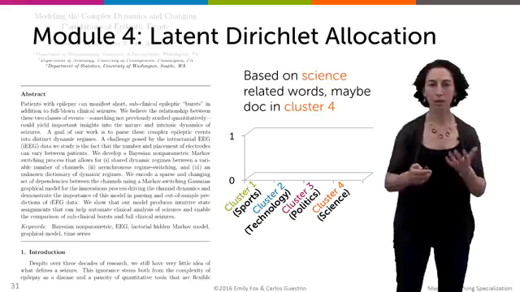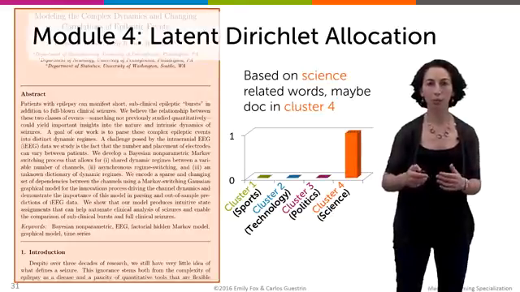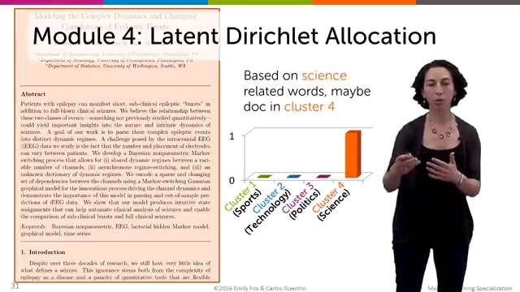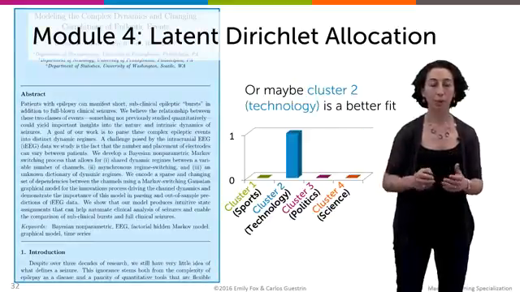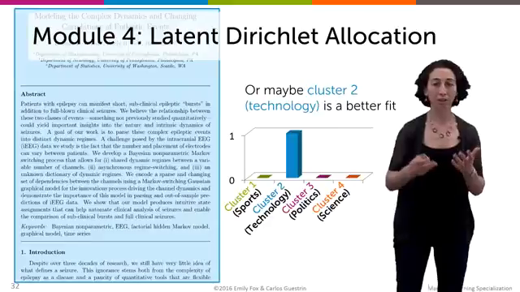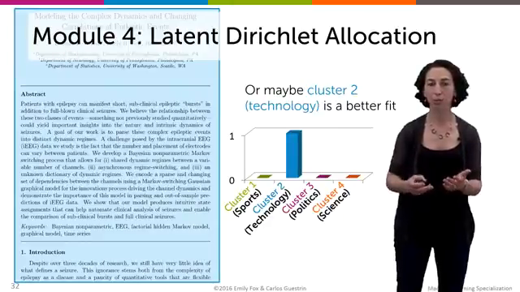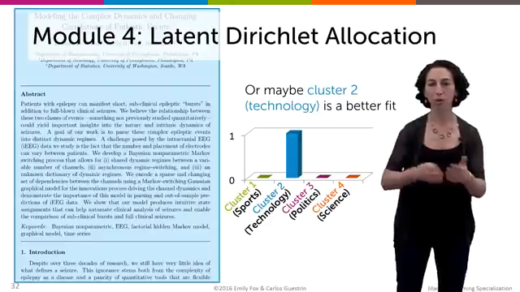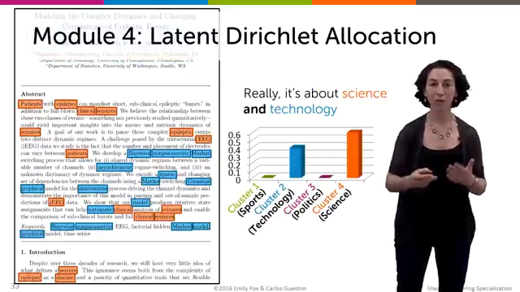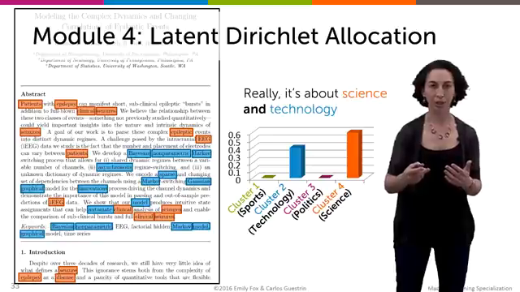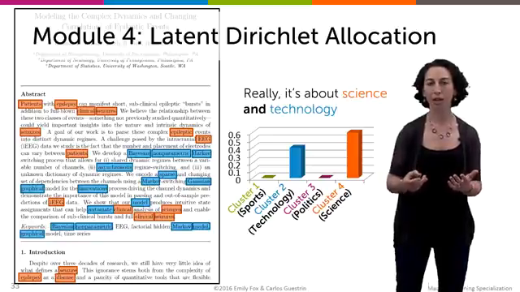So maybe based on the content of this document, we might group this article with other documents that are also about science-related topics. But this article also has a lot of tech-related words, so maybe a better description is to group this article with the tech articles. But instead, this document is really about science and technology. And that's exactly what LDA allows us to do.